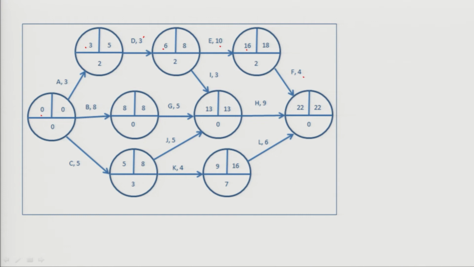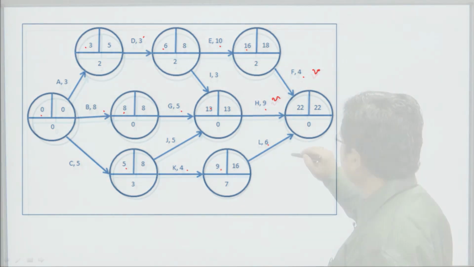I am moving here: 0, 8, 8 plus 5, 13, 13 plus 9, it is 21, and this is 20. 0 plus 5, 5, 4, 9, and then 6, that is 17.